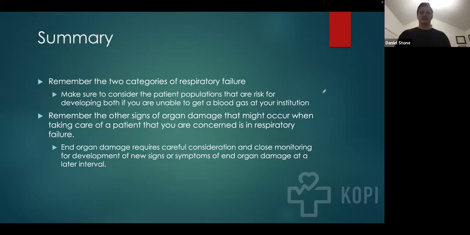Remember that the respiratory rate is a very important vital sign, but it's also tied very closely to tidal volume, and tidal volume plays an intricate role in both minute ventilation and respiratory rate, as both of them are tied together. So that's all I have for today.